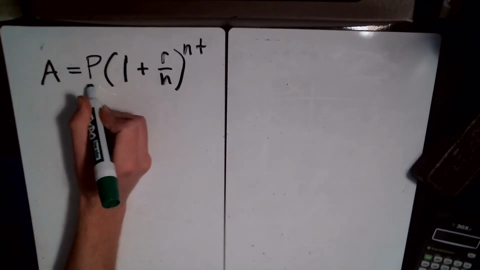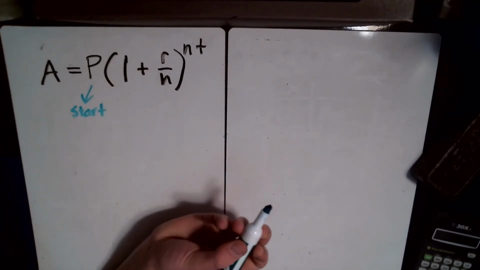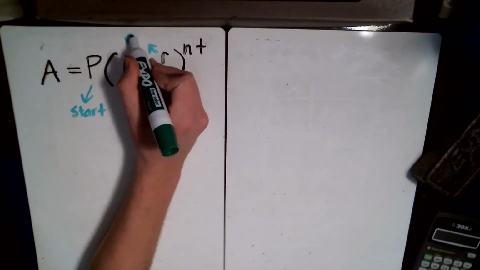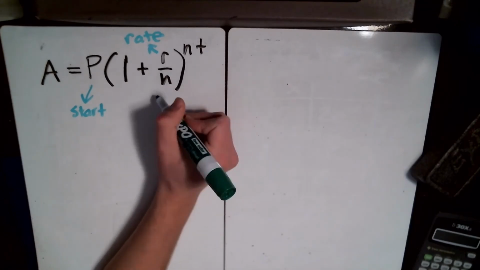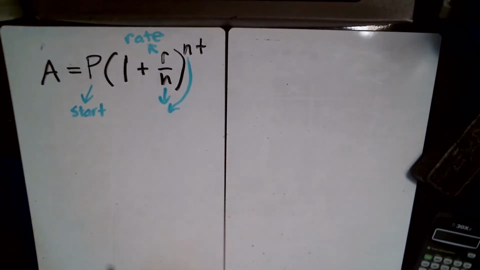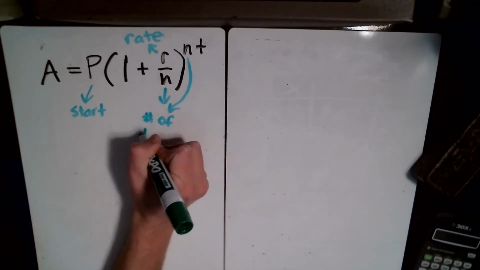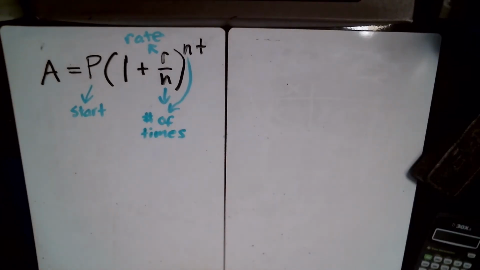This P is the starting amount. That's how much you start with. This R is the interest rate. N, which is the same here and here, those are the same n, is the number of times you're getting the interest every year or so.